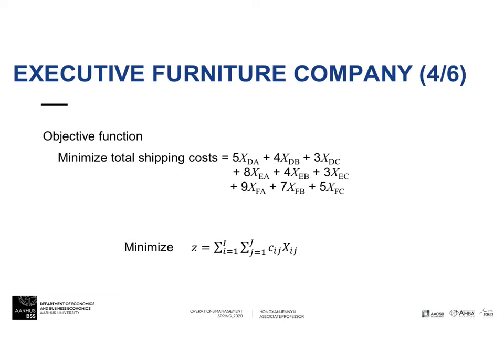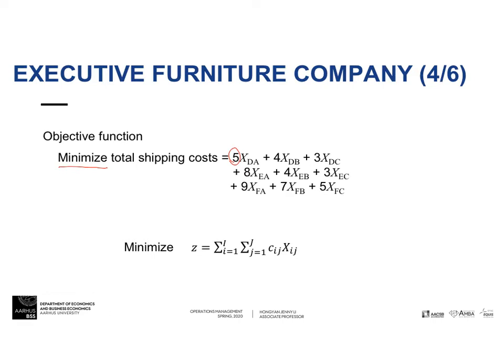So next step, we define the objective function. In this problem, the objective function is to minimize total shipping cost or total transportation cost. All these coefficients are from the previous transportation cost table, and we just sum up all these transportation costs for each route in the network.